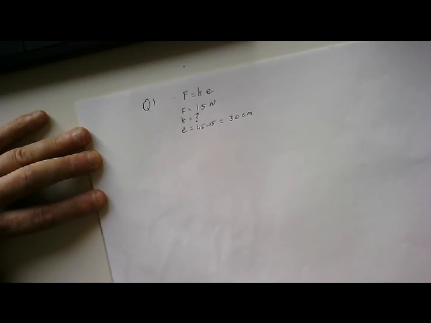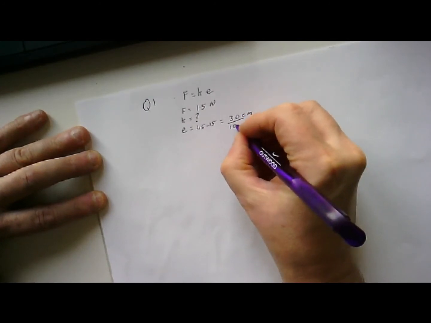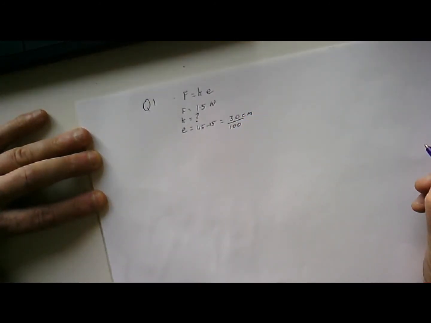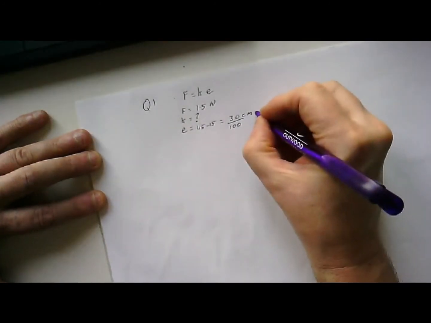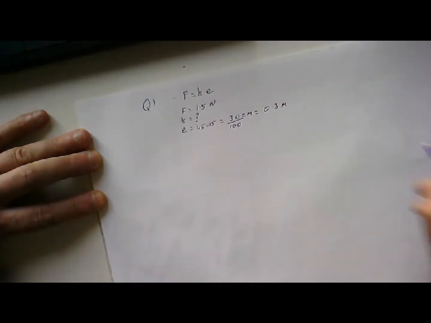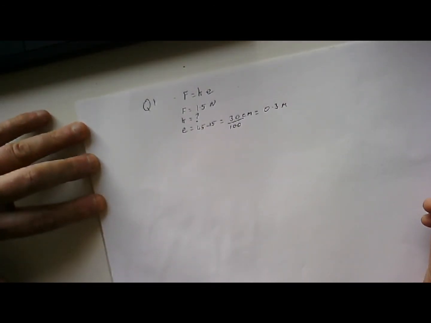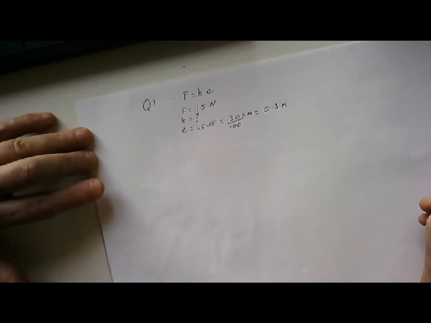There are 100 centimeters in a meter. So I'm going to convert that by dividing by 100 to find that share of 100 centimeters, which means that I have 0.3 meters for my question. So I now have the correct format for all of the parts of the equation.